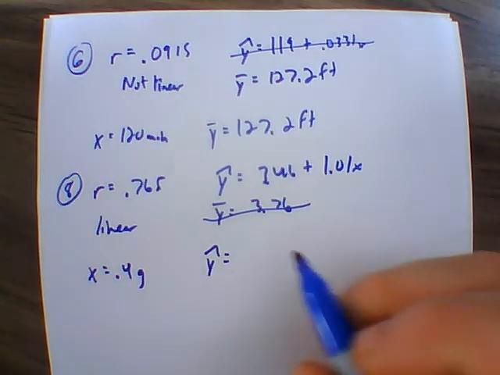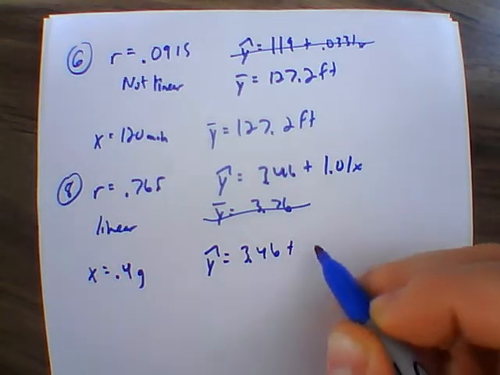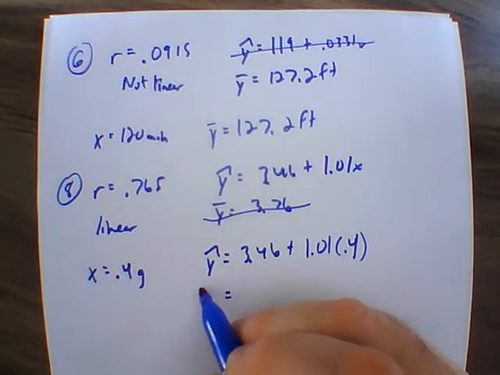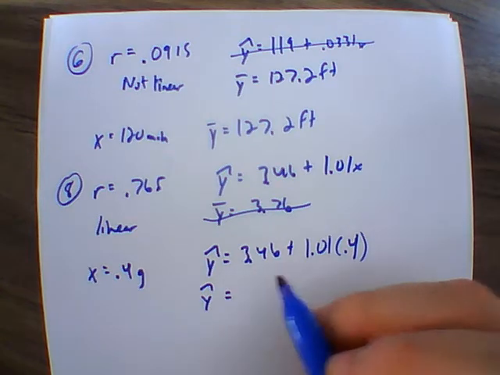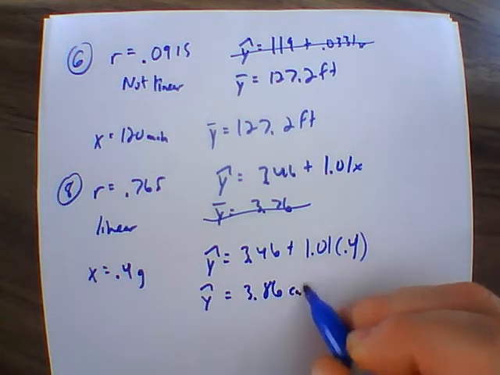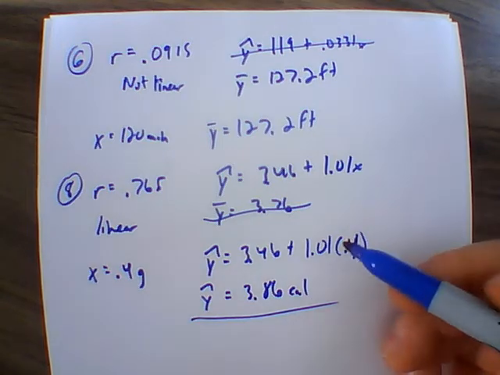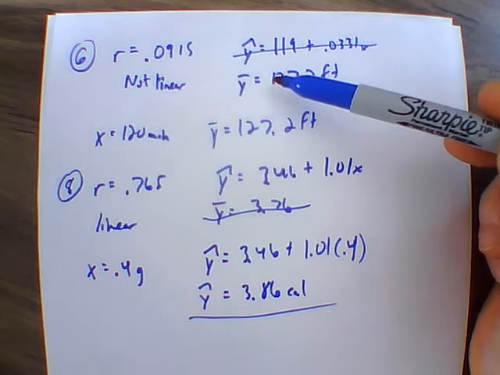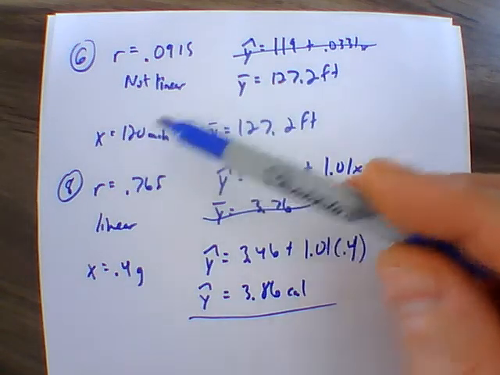So y hat equals 3.46 plus 0.01 times 0.4, in which then we get our y hat to be 3.86 calories.